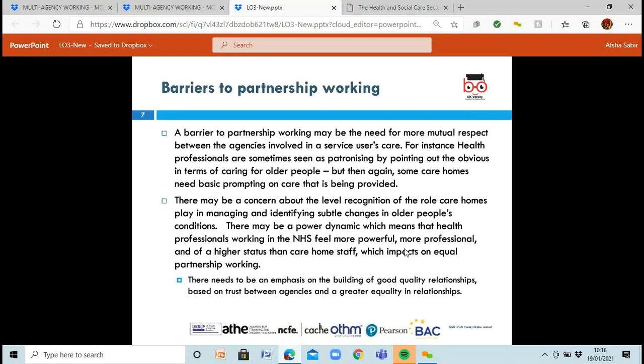So in partnership working, there's actually a major barrier where a lot of the health professionals and care professionals feel that there's not any mutual respect between the agencies. So it's not a case where everybody is feeling the same, but it's within some cases.